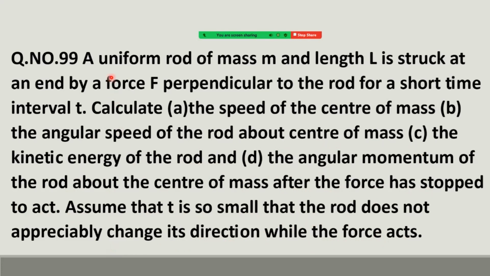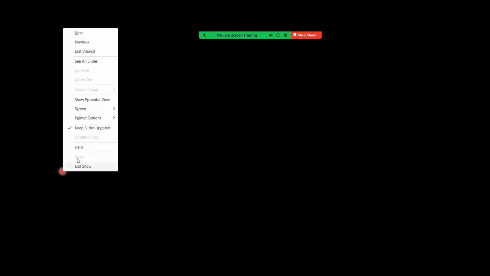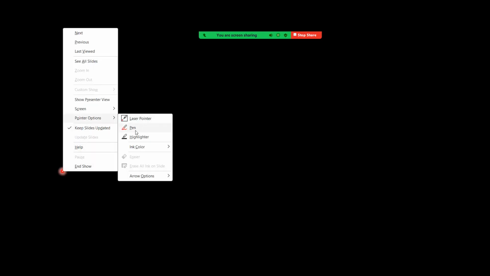Okay, so it is a uniform rod applying a force for a short time interval at one end. Let us see. Take the system on a smooth surface which is horizontal.